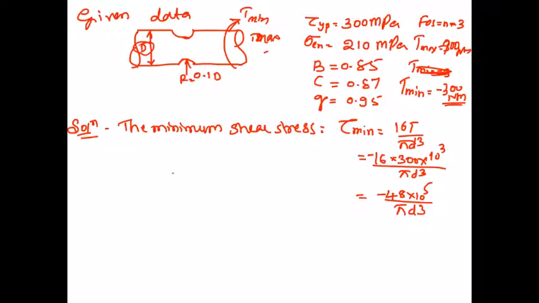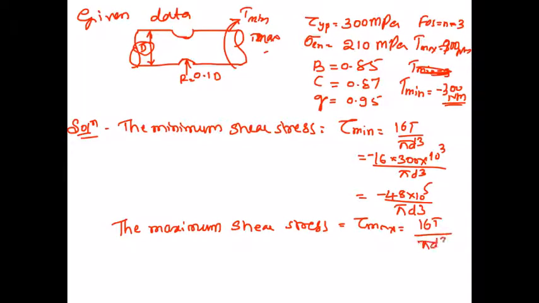Next, the maximum shear stress. Tau max equal to, again, 16T divided by pi d cube.